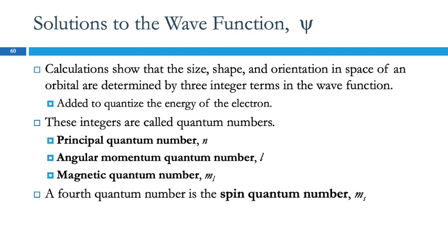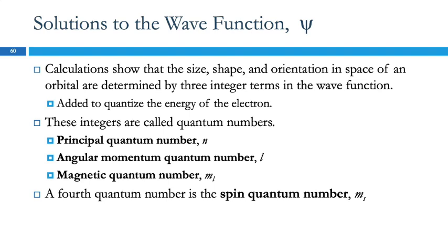It turns out that size, shape, and orientation of the orbital depend on 3 integer terms in the wave function. Those are called quantum numbers, and they were put in there because we know that the energy of electrons is quantized.